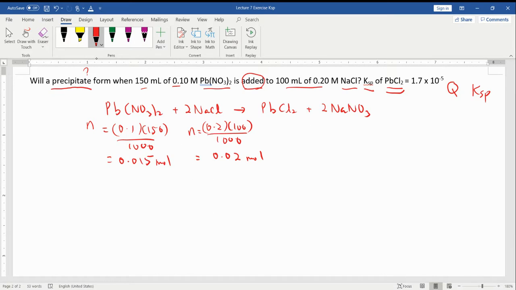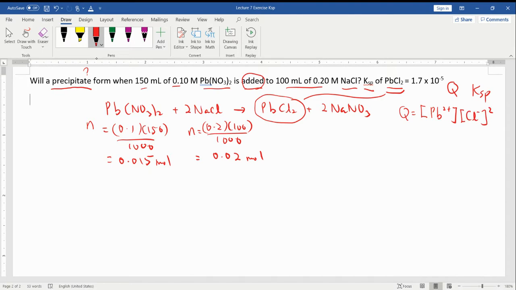After they react, they will produce the salt that we are looking for. So what we do here is, if we want to calculate the Q, we know that we need to get the concentration for lead and also chloride ion.